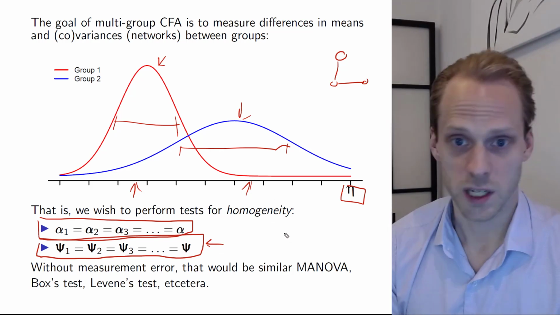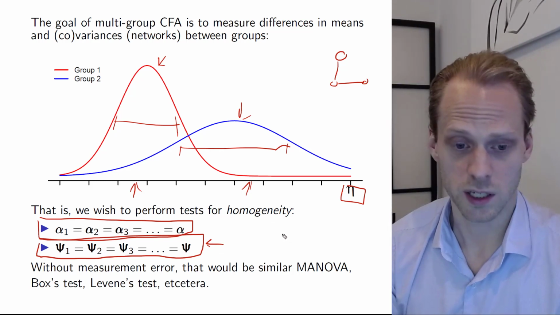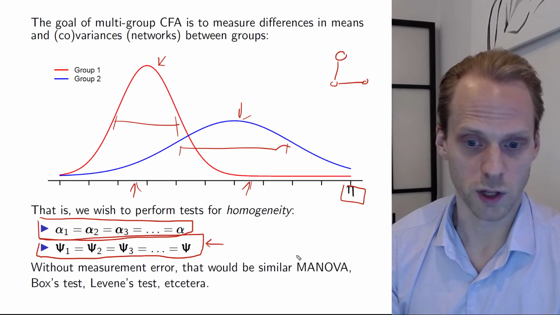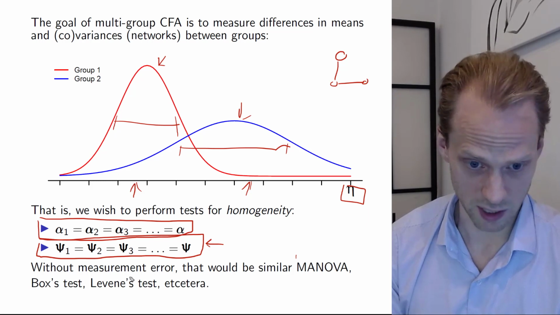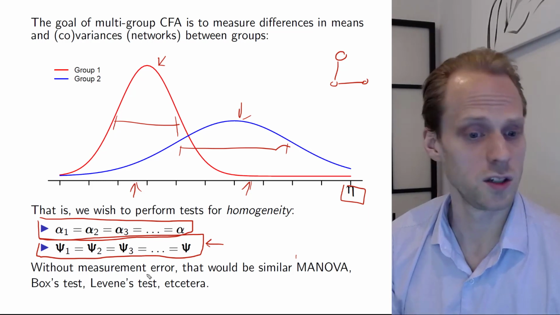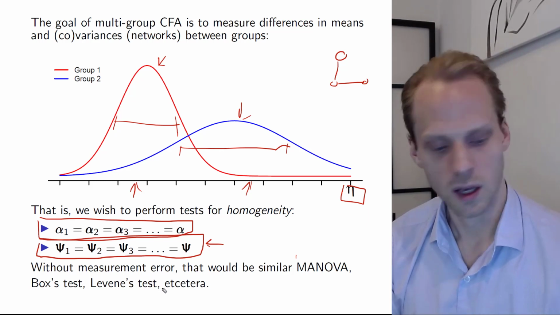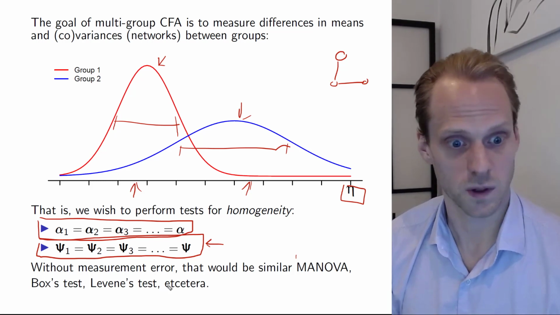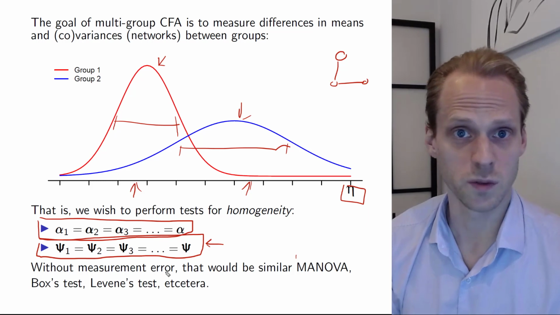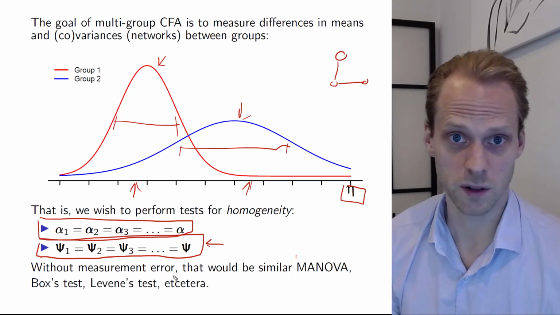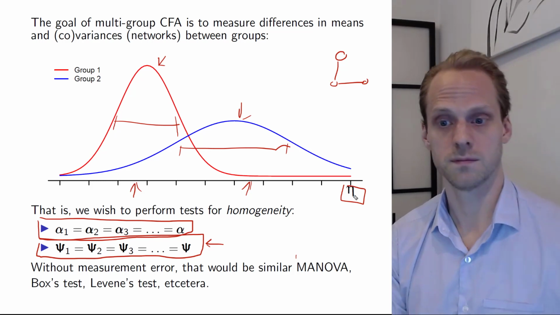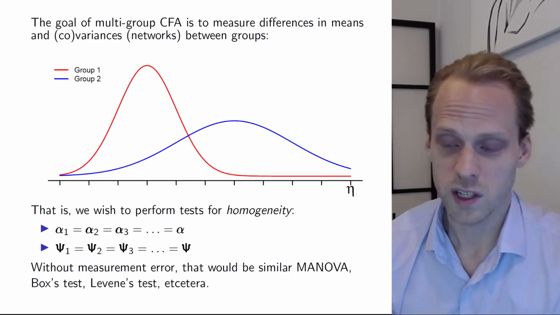So if we did not have measurement error, and if we did not have multiple indicators, if we did not have our things to be latent, this would be similar to a MANOVA test, Box's test, Levene's test, things like that. Things you might already know, and things that were discussed in the undergraduate program for many psychology tracks as well. But now we can do this while taking measurement error into account, with latent variables, so that's a very powerful thing. So I believe this is the goal.